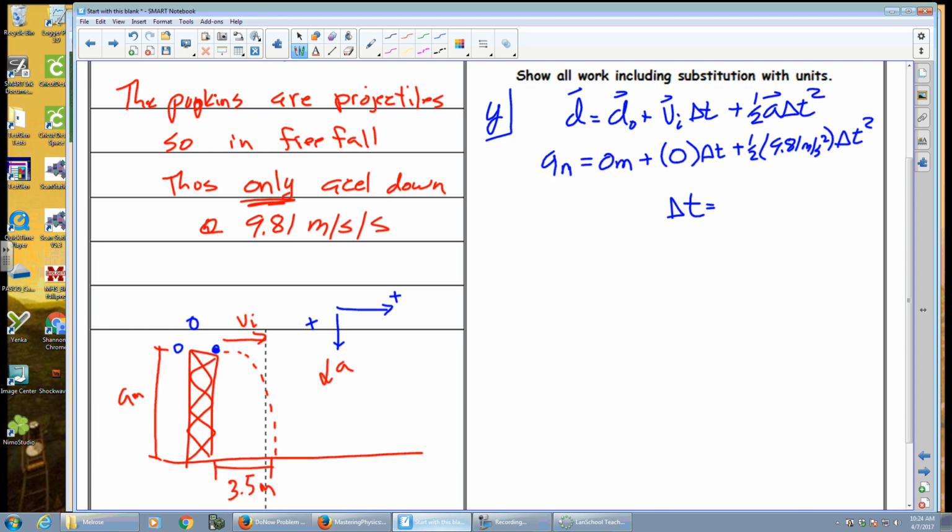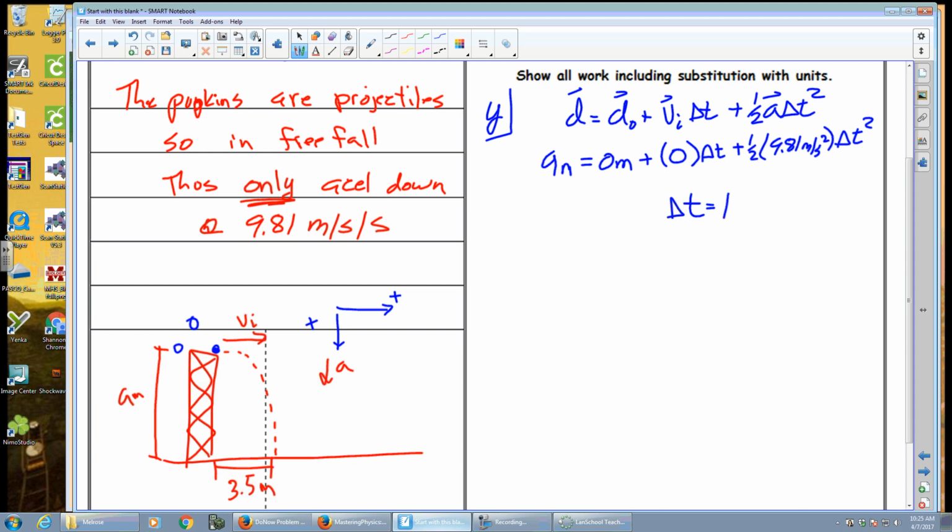Biggest mistake will be forgetting to square root. Well, I'm solving for t, and the only t term I have is t squared. So I'm going to have to make sure before I get delta t that I square root my answer.